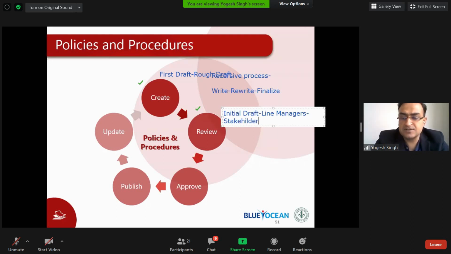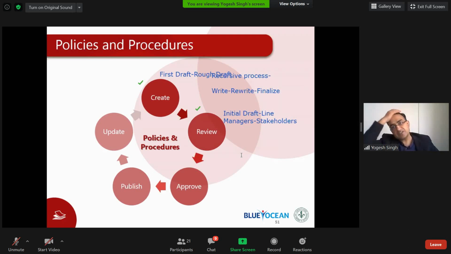Now, stakeholders are not only your shareholders, maybe if you're a private company, then your shareholders also, board of directors also. But these are essentially leadership position people in the company and managers in the company, departmental heads in the company. Okay, that is the initial draft.